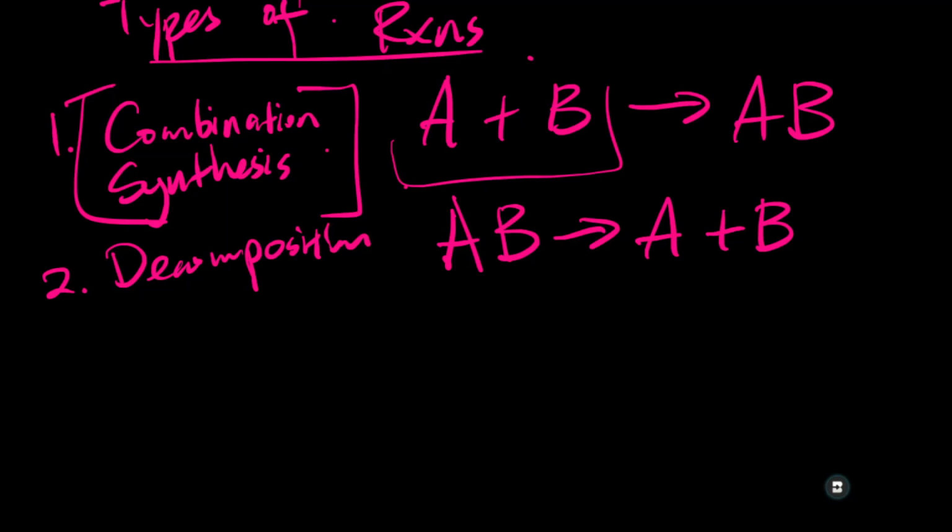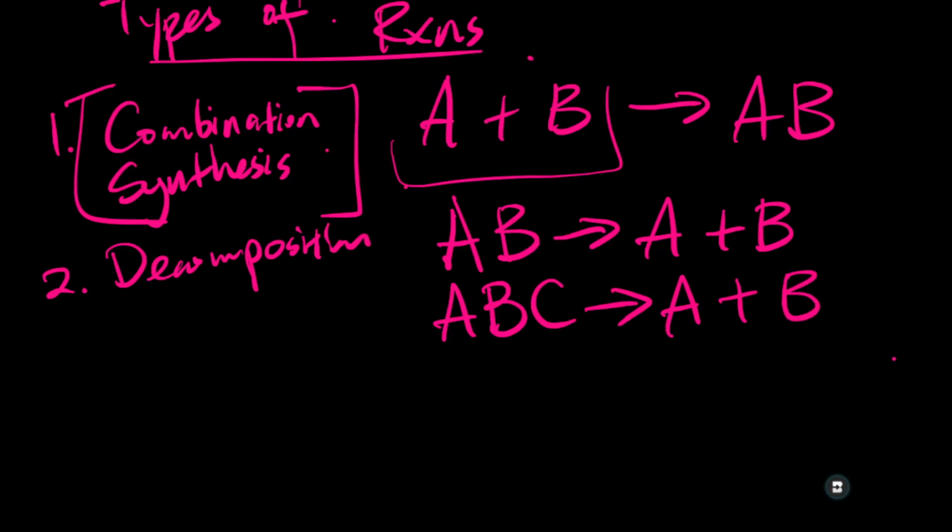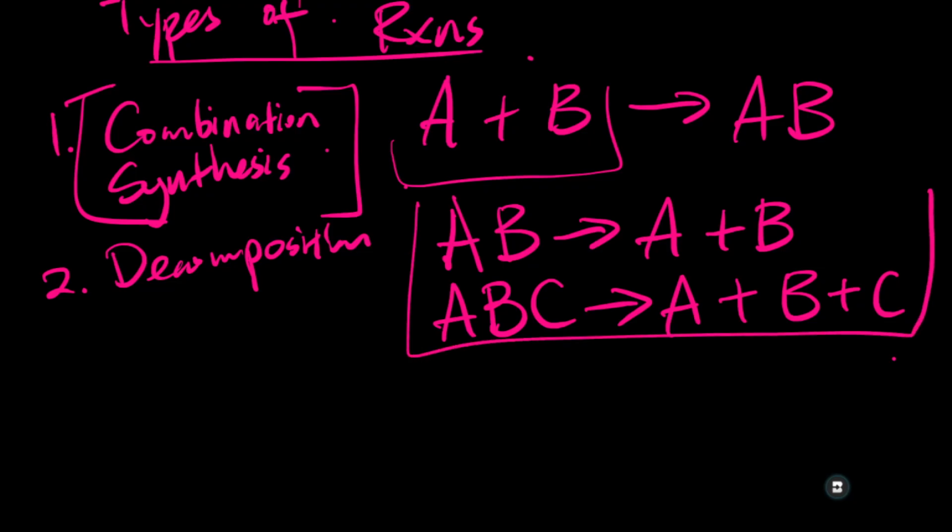It can be ABC or ABCD, and then it breaks apart into A plus BC, or A plus B plus C, whatever. If they're breaking apart, that's decomposition. If they're combining, it's combination.